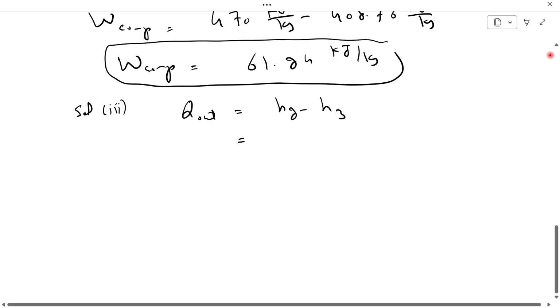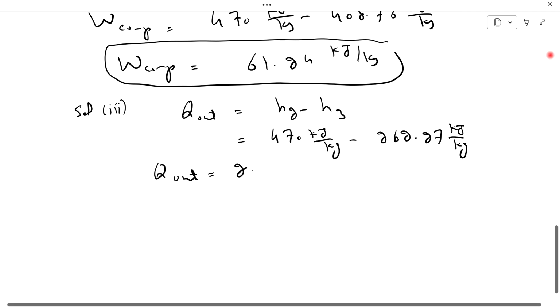H2 is equal to 470 kilojoule per kg minus H3, which is 262.27 kilojoule per kg. So the heat rejected in the condenser is equal to 207.73 kilojoule per kg.